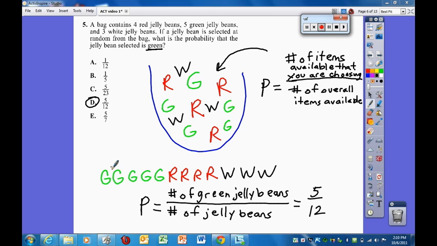And you would expect that if you pulled a jelly bean out of here and you did it 12 times, that 5 of those times out of the 12 you would get a green because you know what's in there. So that's what you're doing with probability. Probability, and a synonym for that, if it's easier to deal with for you, chance. Okay? Probability or chance. And the chance of getting a green was 5 times out of 12.